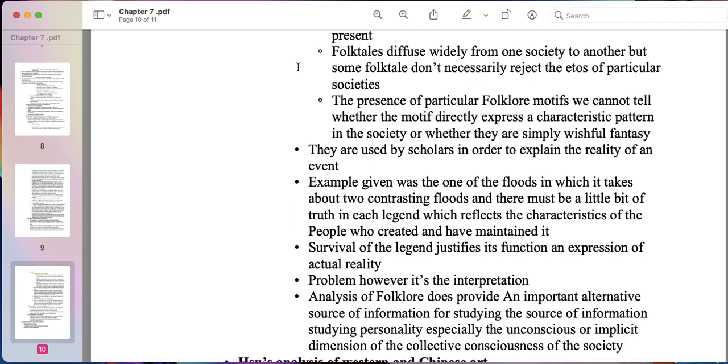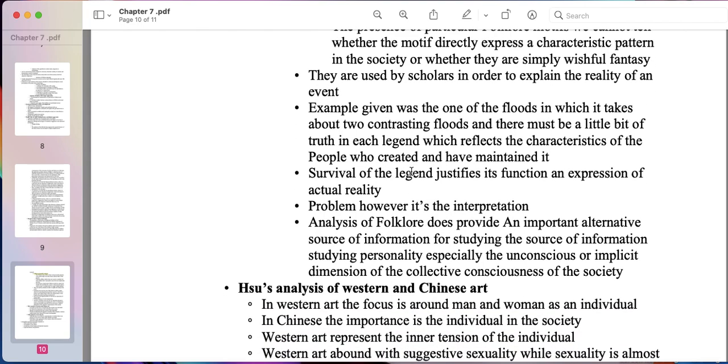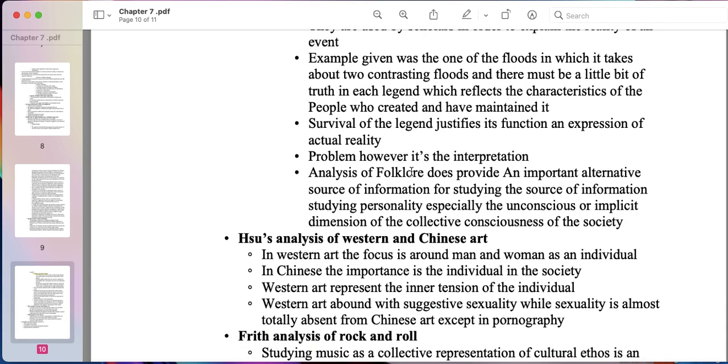With the presence of a particular folklore motif, we cannot tell whether the motif directly expresses a characteristic pattern in the society or whether it is wishful fantasy. They are used by scholars in order to explain the reality of events. An example given was the floods, in which it takes about two contrasting floods, and there must be a little bit of truth in each legend, because the legend has survived for so long. You expect some of it to be a little bit real.